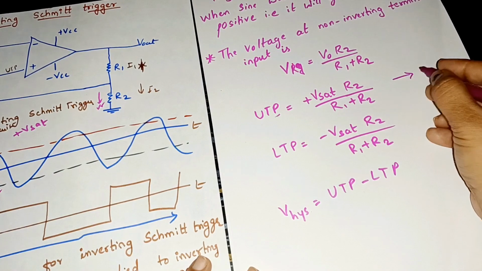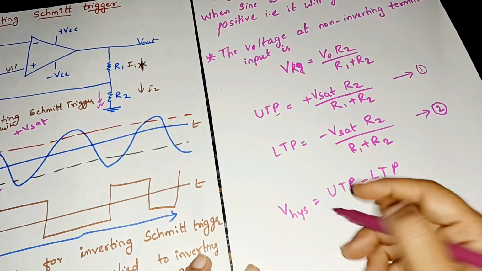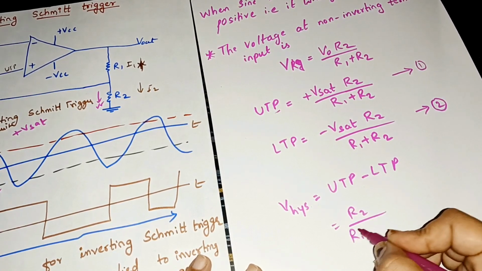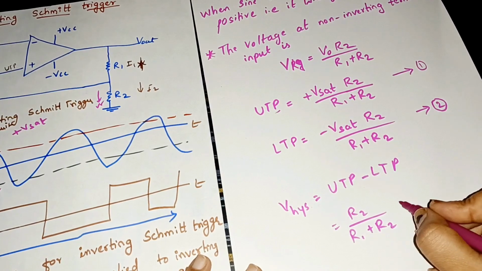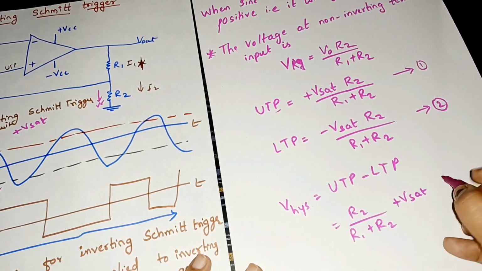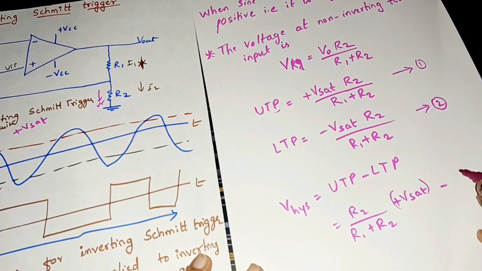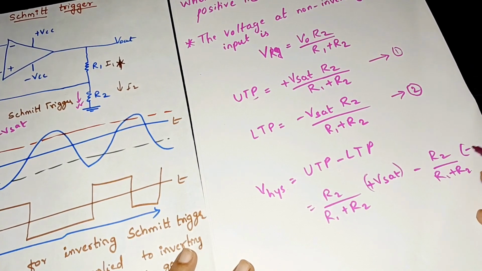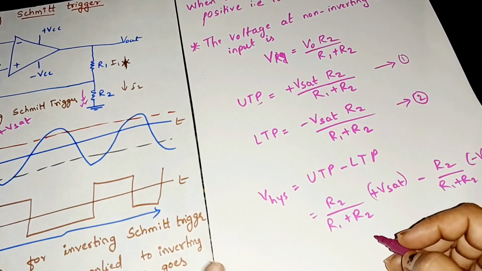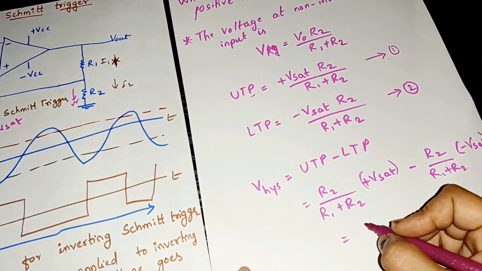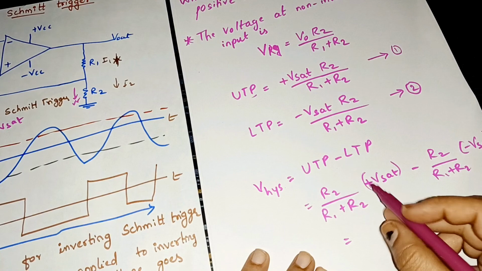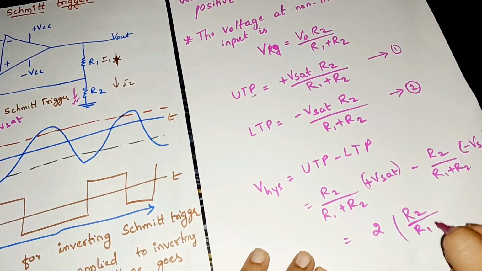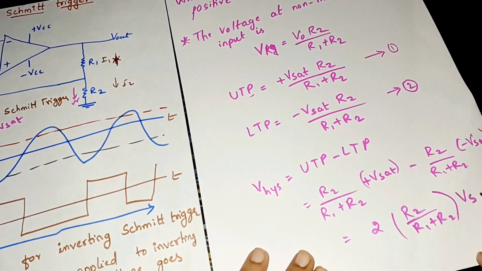So we can equate equation 1 and equation 2. We get R2 divided by R1 plus R2 times plus Vsat, minus R2 divided by R1 plus R2 times minus Vsat, which gives us 2 R2 by R1 plus R2 times Vsat.